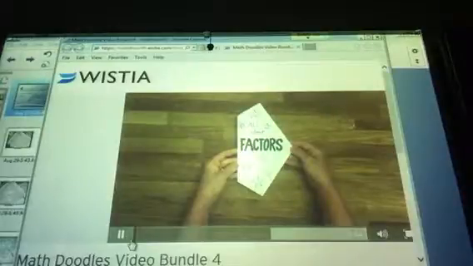All right, that's all there is to it. That's a pretty simple foldable. We'll be doing more complicated ones later in the unit.